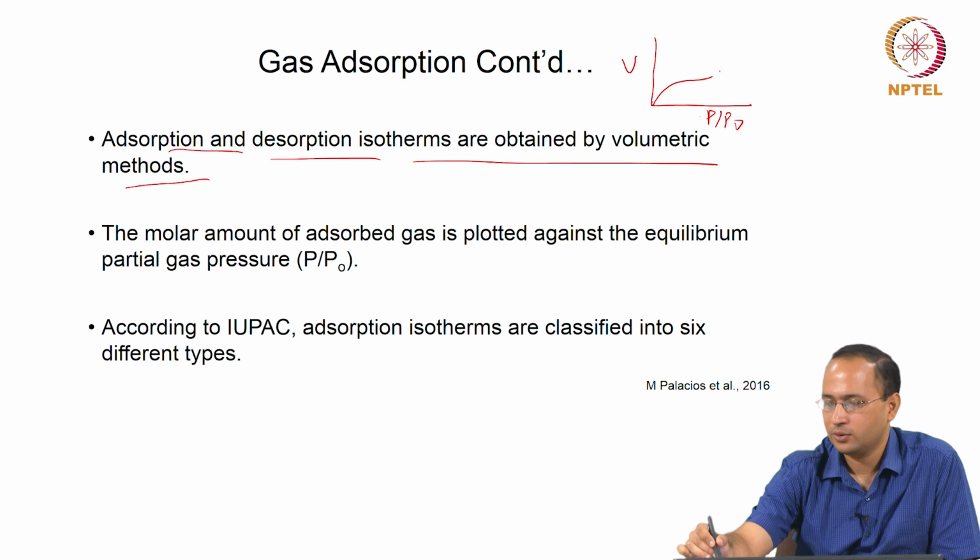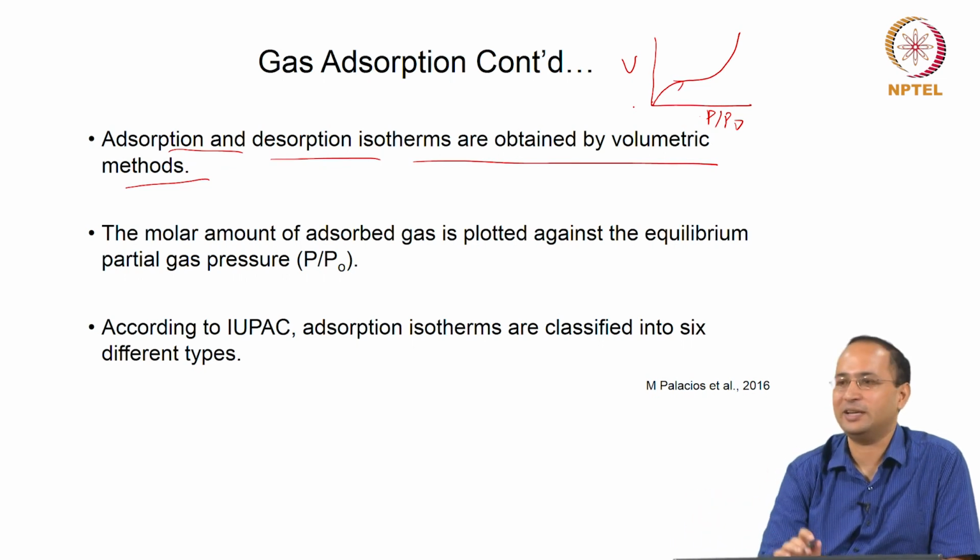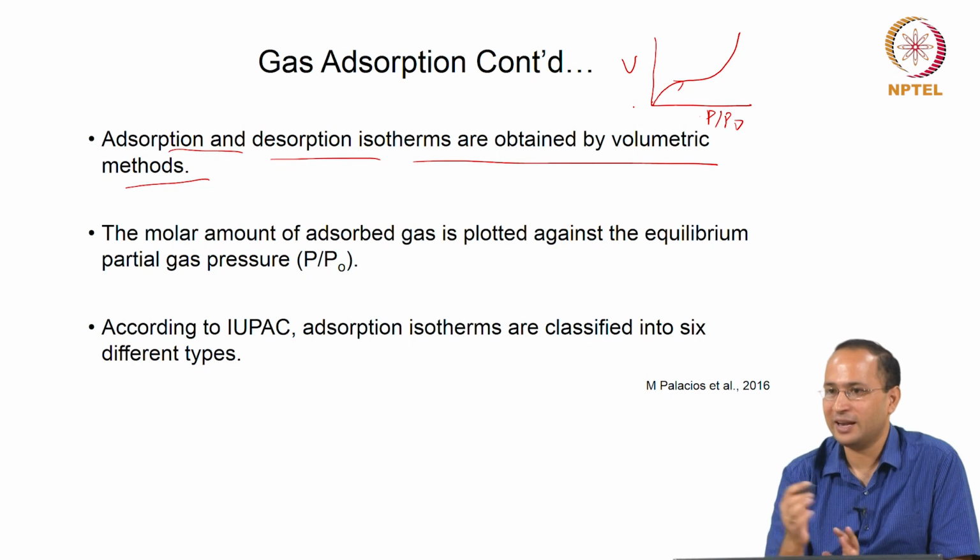Obviously it will increase as you increase the partial pressure. You can think of it as relative humidity, which all of you must be familiar with. If it is very dry, 20-30% relative humidity, there is very low humidity.